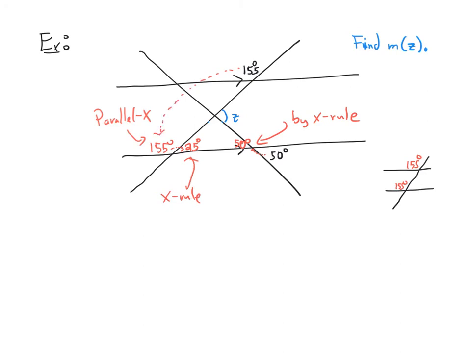Okay. And then finally, well, these three angles sum up to 180 degrees. So I know that this angle and this angle is 75 degrees. So a little bit of easy arithmetic should tell you that this guy is 105 degrees.